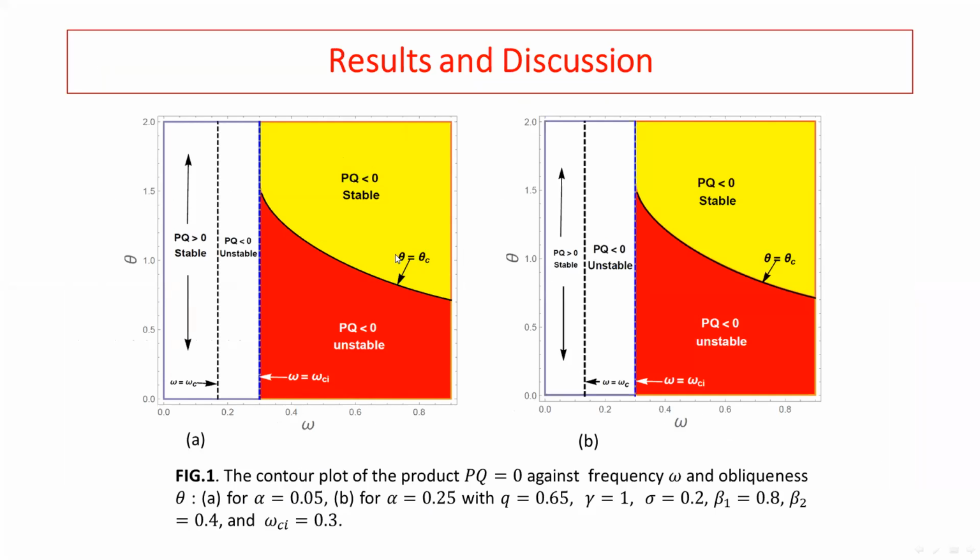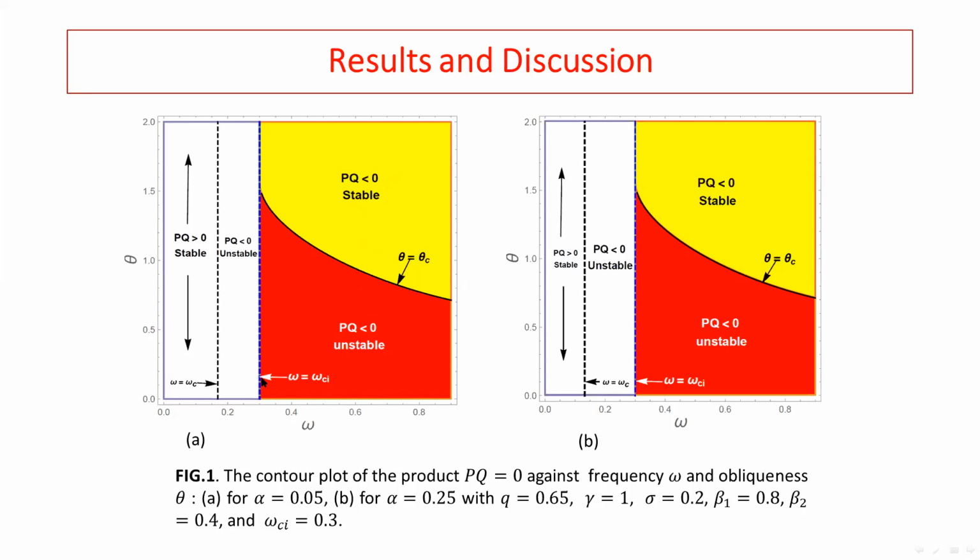Theta is the modulation obliqueness angle. For theta greater than theta critical, we have PQ less than 0, a stable region, and for theta less than theta critical, we have an unstable region.